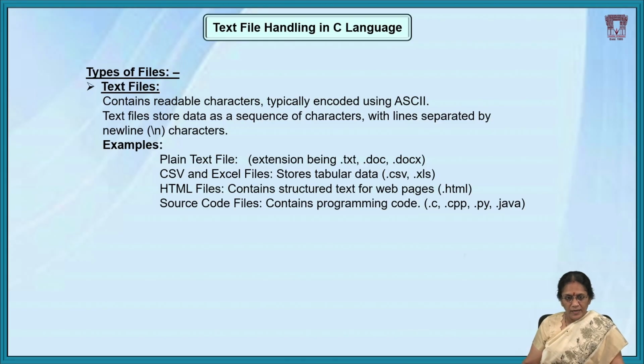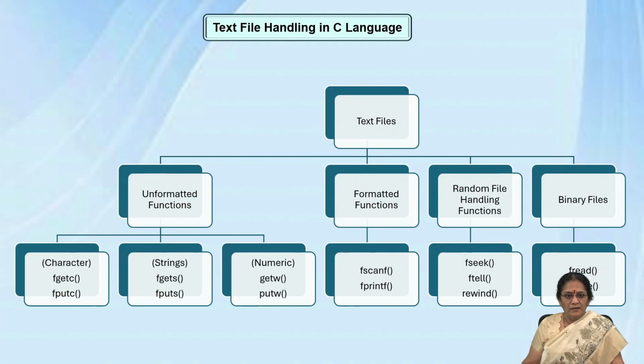So we will just go ahead and see how to work on text files in C language. The different functions that you can carry out on text files were listed earlier in the video, but still as a refresher we are doing it. Text files can be further categorized as unformatted functions or formatted functions.